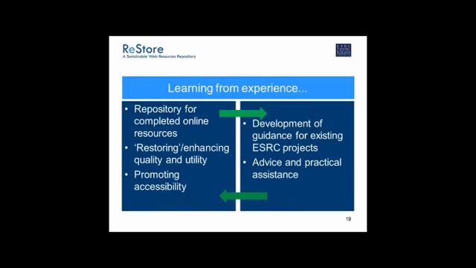So what we're hoping to do, and this summarises it before we move on, is we are building a repository for completed online resources. And we have focused very much on trying to restore, enhance quality and utility in those kinds of tools. And that's allowed us to develop guidance for existing projects, but also to be able to develop quite a lot of practical assistance and advice that we've given to specific authors.